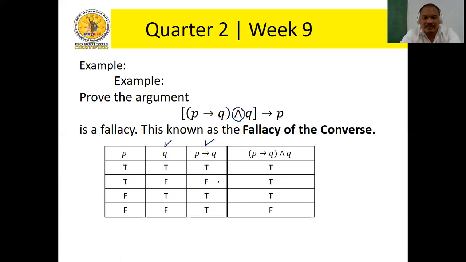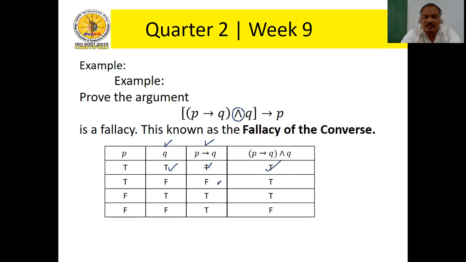Okay. So, we have P, then Q. So we have this. P, then Q, going to Q. Okay. So true, true will become true.